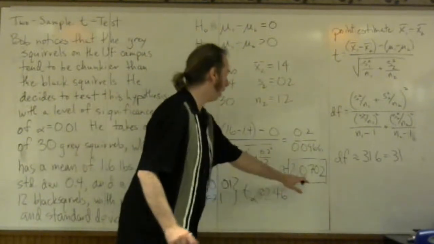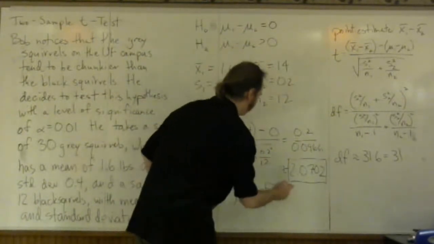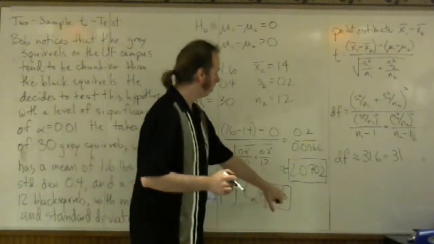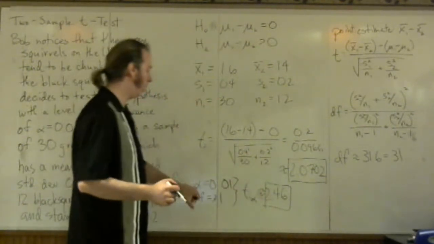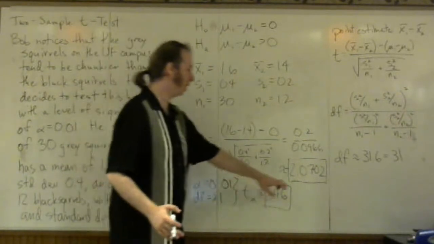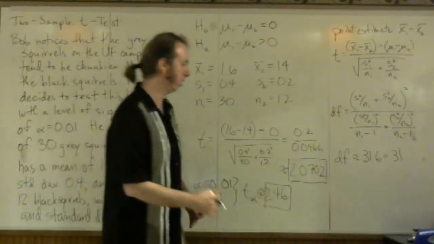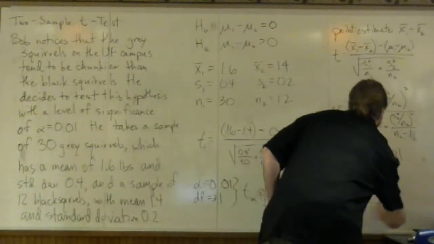And if I compare that to the t-value for my sample, my t-value for alpha is farther away from the mean than the t-value for my sample, so I'm going to fail to reject the null hypothesis.